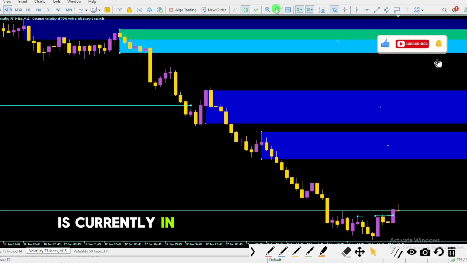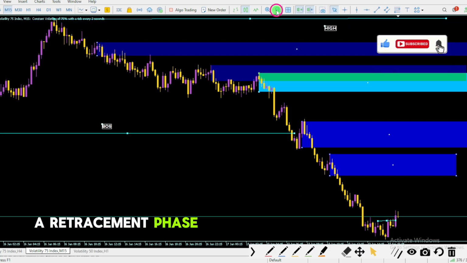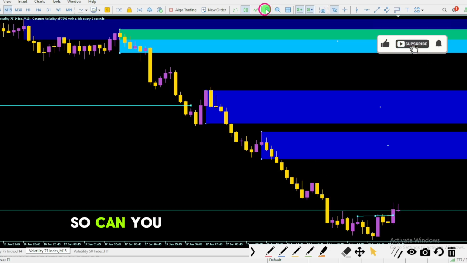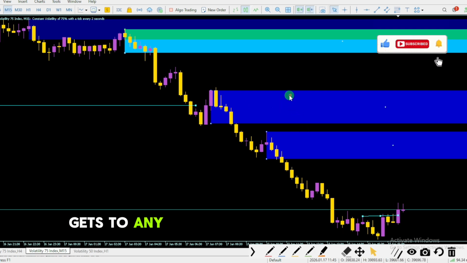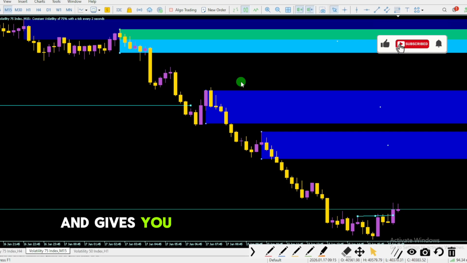Market is currently in a retracement phase. So can you trade right now? Now if you are someone who likes to trade in the direction of the trend, then you have to wait until the market gets to any of these zones and gives you a reason to sell, gives you a change in direction back to the larger time frame trend, then you can take a sell.